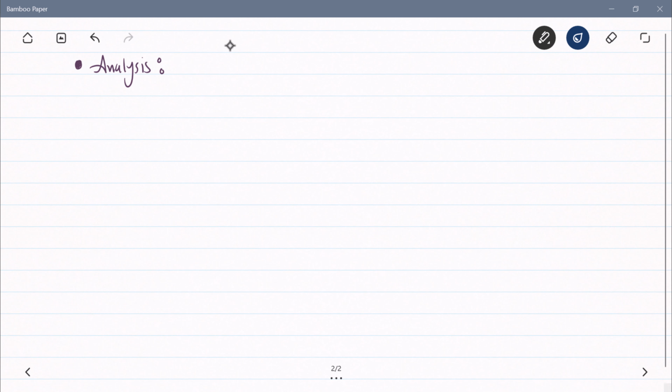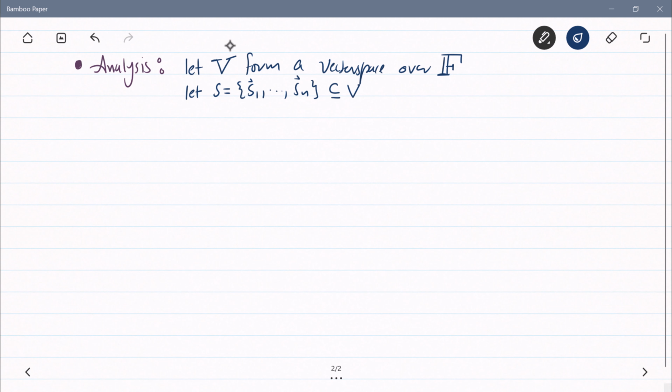So, as we said before, now let's talk about the structure of S. Obviously, this is straightforward.